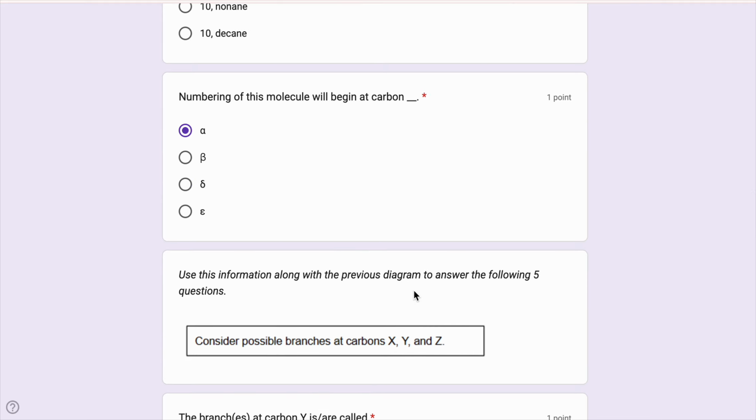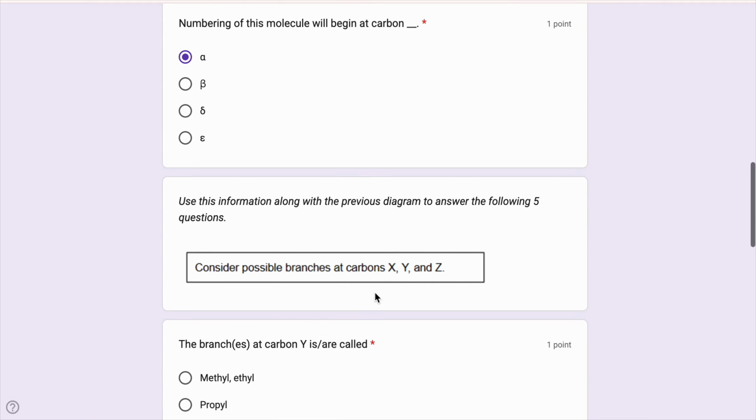Use this information along with the previous diagram to answer the following 5 questions.